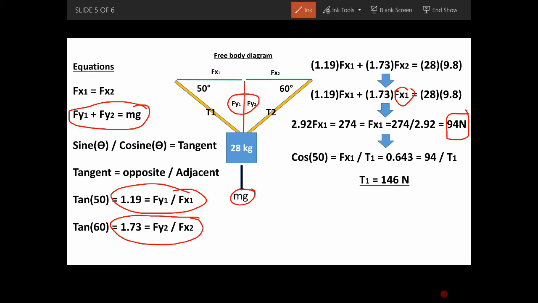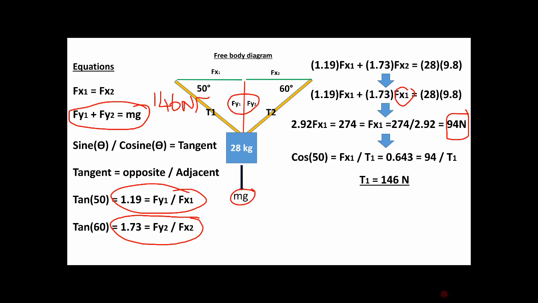So in tension 1 here, pulling this way, we have 146 newtons.